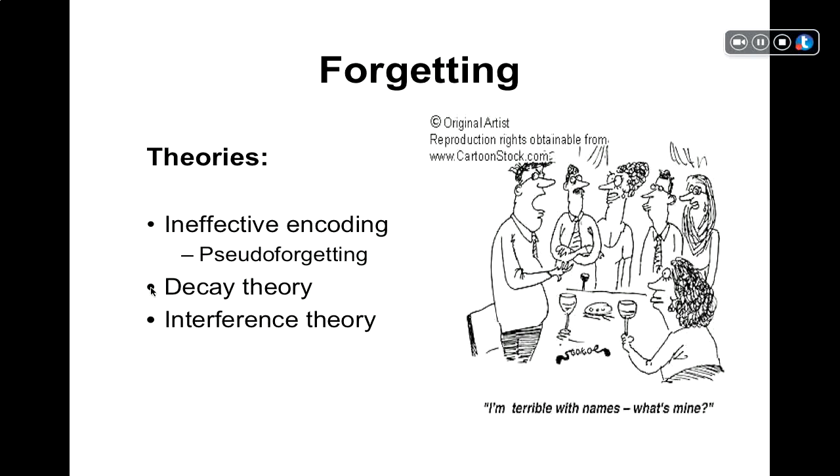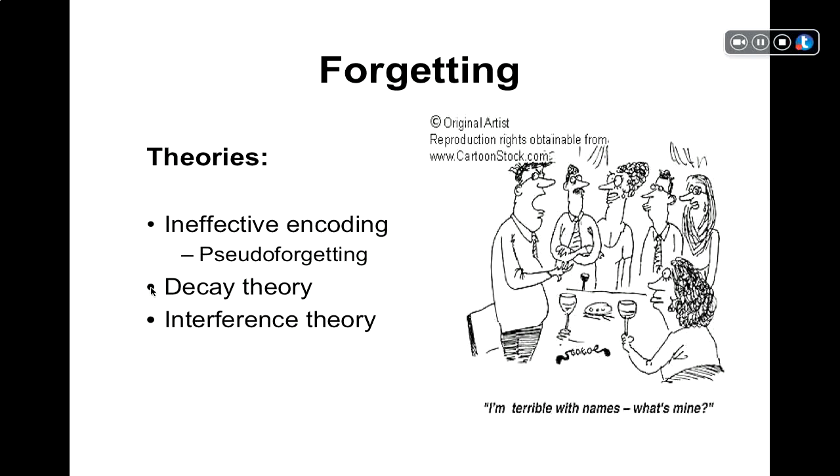But what if you had poor encoding initially? That is, maybe you were working in a distracting environment and you just didn't encode that information very effectively at all, or not at all. You think you did, but you really didn't. That's pseudo-forgetting. So we forget because we simply have failed to encode the information effectively or at all.